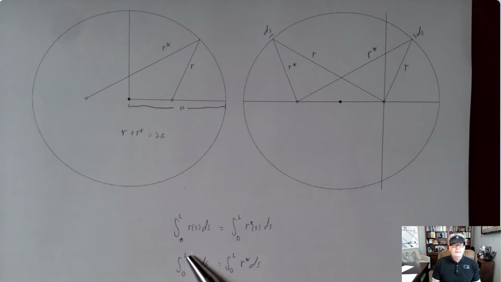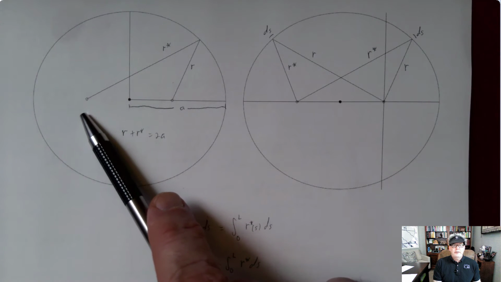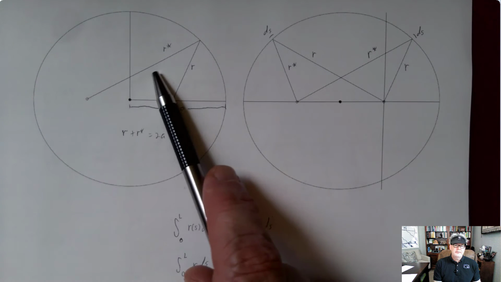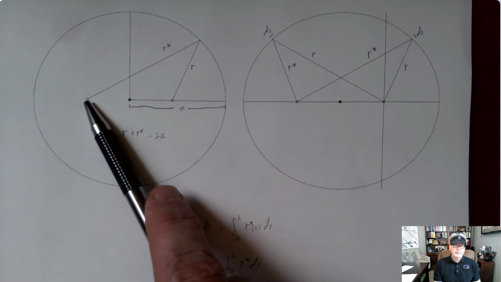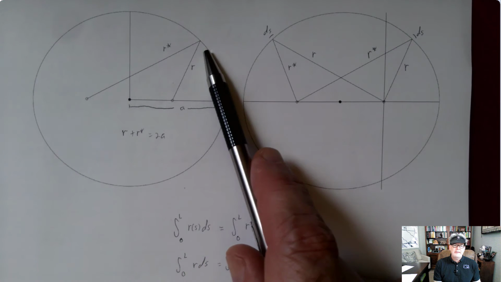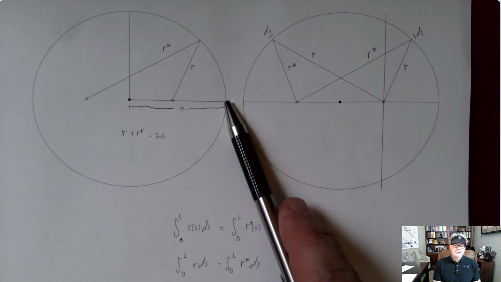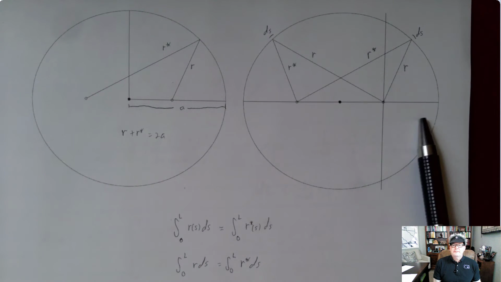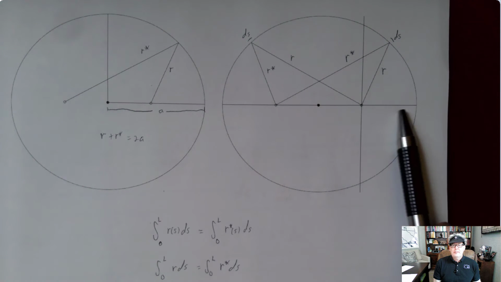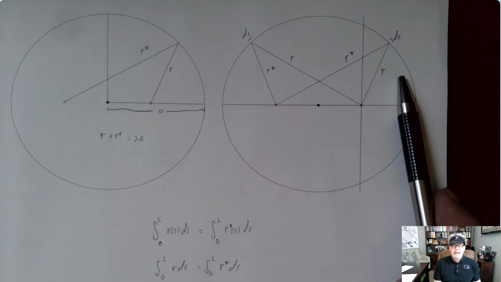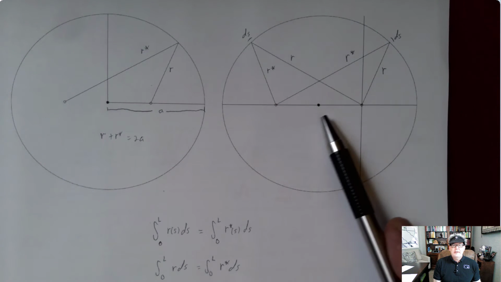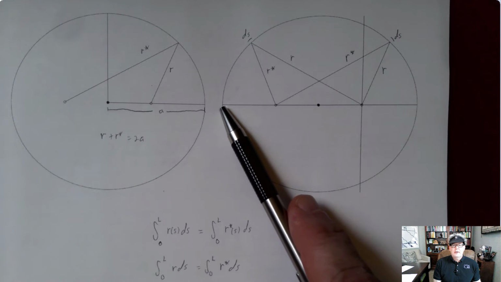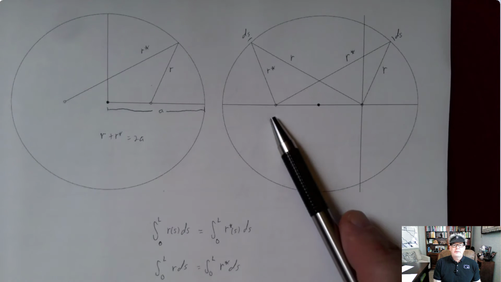so 0 to L of r ds, that would be the same as integrating 0 to L of this distance, where the other focus is. Right? So you can just put that imaginary point there. So where that focus is, I find that distance. If you think about it, the top half, here I've got the origin here, but if you find the integral of the top half for this r, that's going to be the same as the integral of the bottom half for this r star.